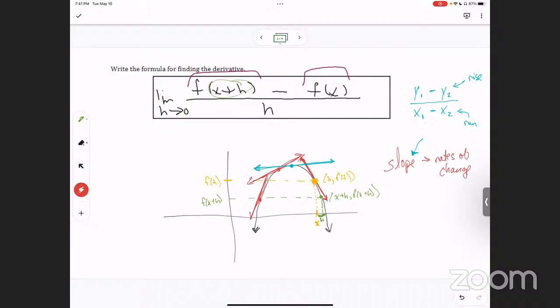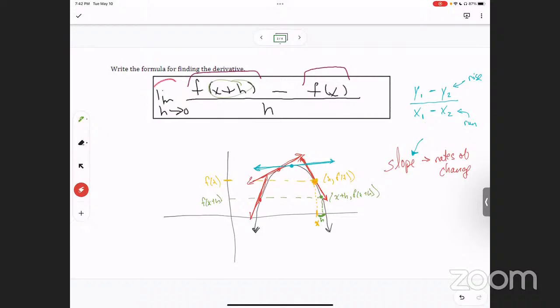It's making this h distance get smaller and smaller, which means that point is getting closer and closer to this yellow point, which means I'm going to get this tangent line. I'm ultimately going to get a tangent line instead of a secant line. Instead of a line connecting 2 points, this line is going to be a tangent line that just grazes that yellow dot and doesn't touch anything else.